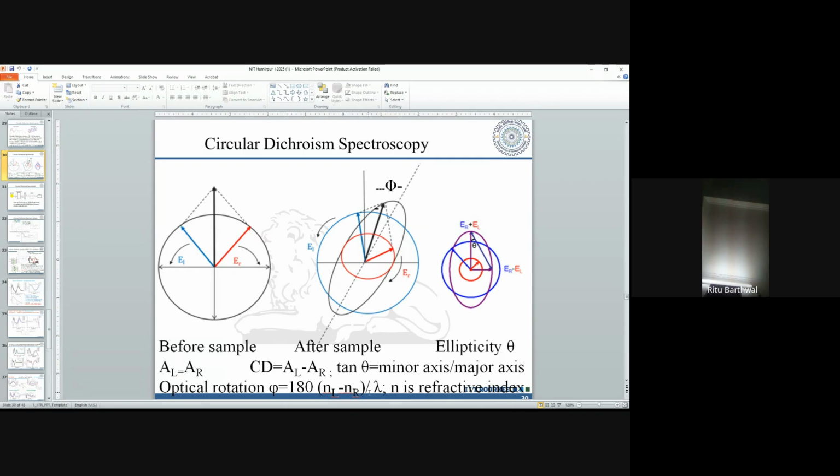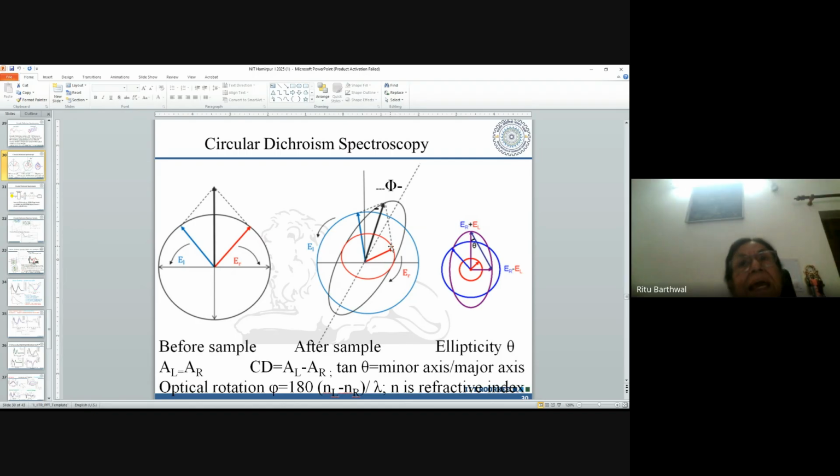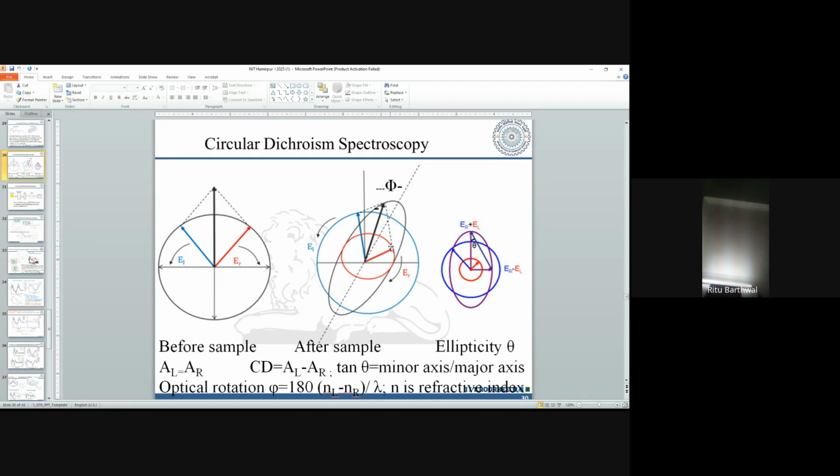But now let the light pass through a sample. After it has passed through, let's say, a DNA or a protein sample or any molecule which is asymmetric, all your amino acids, by the way, are asymmetric except glycine. So if you let it pass through an asymmetric system, AL and AR have some definite value.